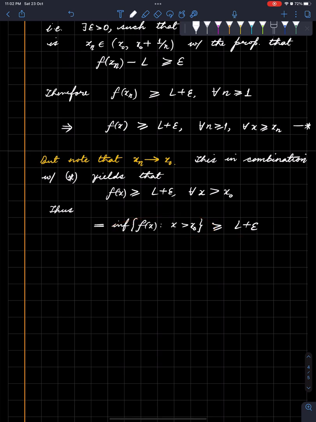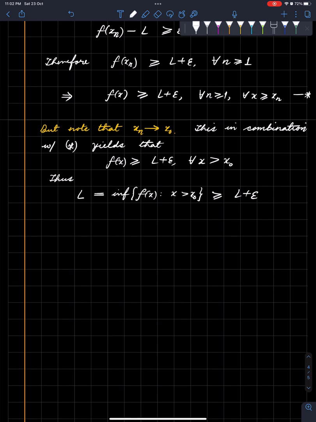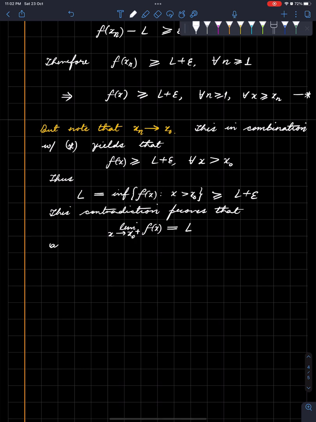But this infimum by definition was L, and this is a contradiction because epsilon is positive. This contradiction proves that this limit is indeed L, and we are done.